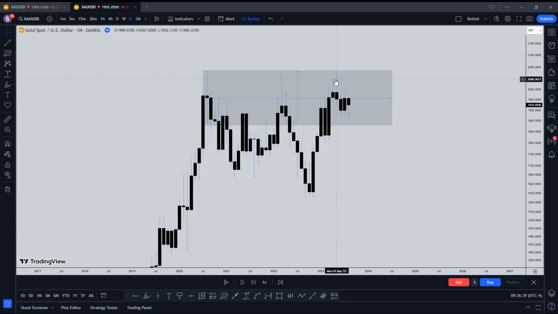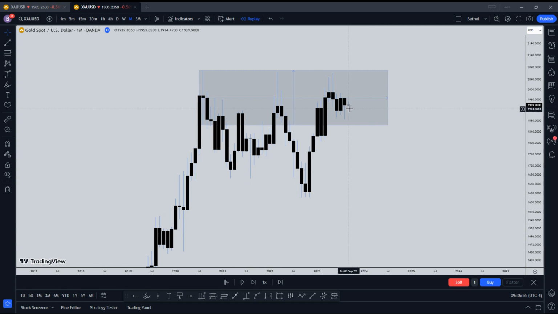Spike, break above, break back in, retest, dump, retest again, change in direction, and then we had this TradingView replay mode. We have the next candle.